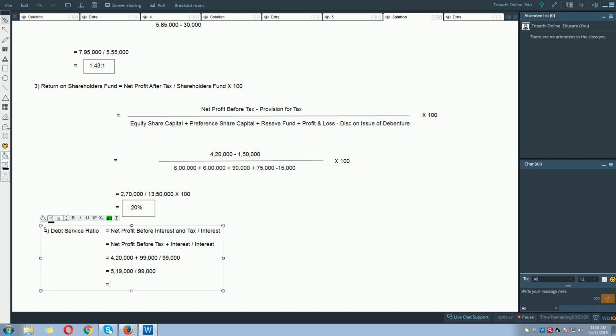So that is equal to 20%. So return on shareholders fund is 20%.